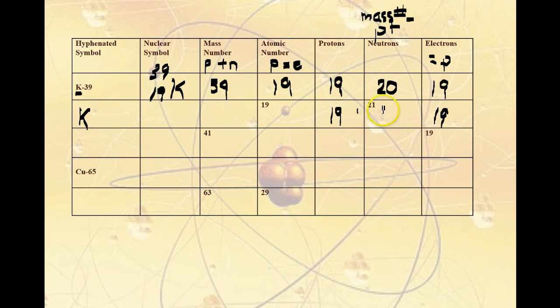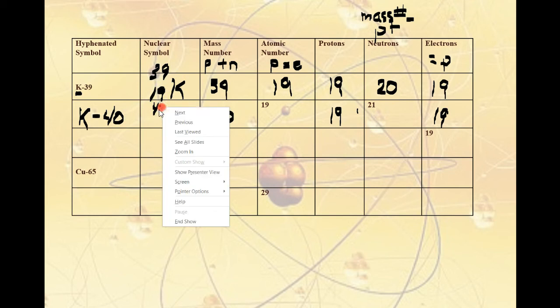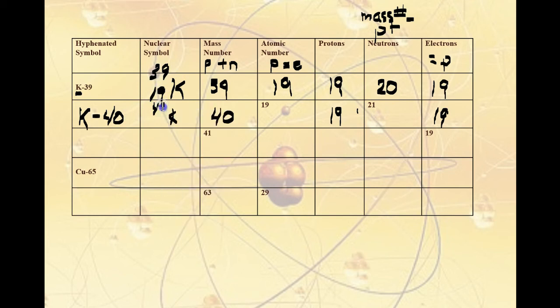We're given that we have 21 neutrons, so if we add the protons and neutrons together, we get a mass number of 40. And so this is potassium-40. Nuclear symbol K, mass number written above, and then atomic number written below.